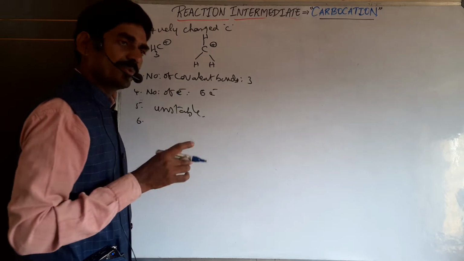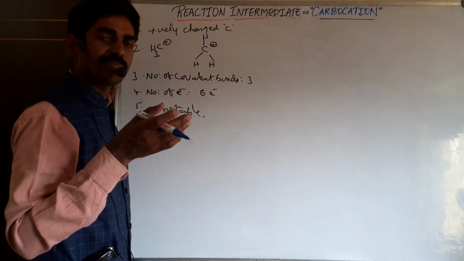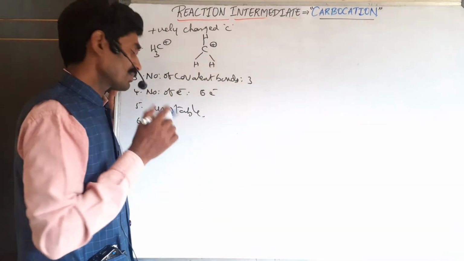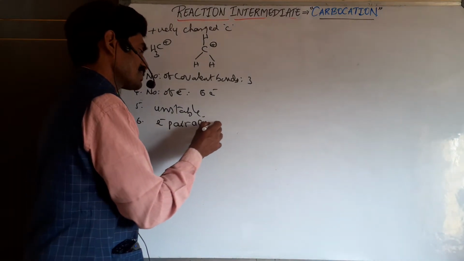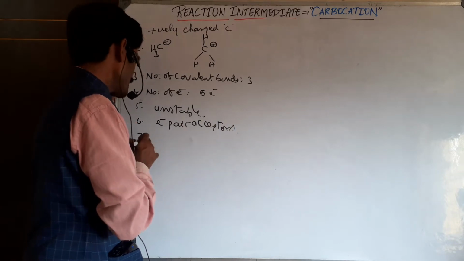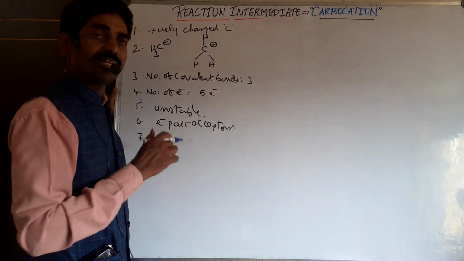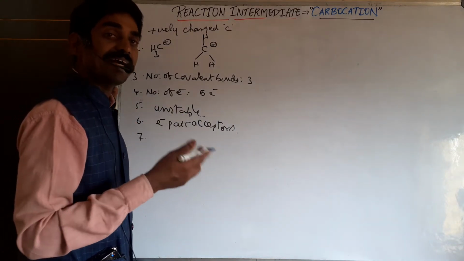Being unstable, it has to accept a pair of electrons to get stability. It is an electron pair acceptor. According to Lewis acid base theory, electron pair acceptors are called Lewis acids.